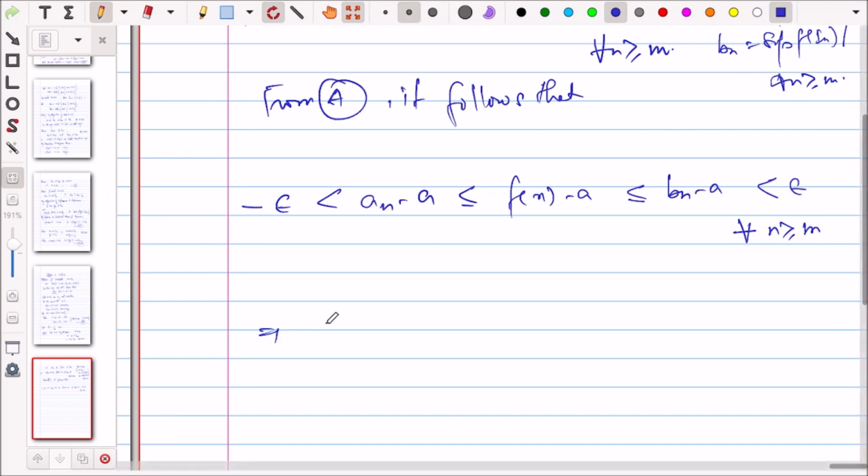So this implies fx minus a is less than epsilon.